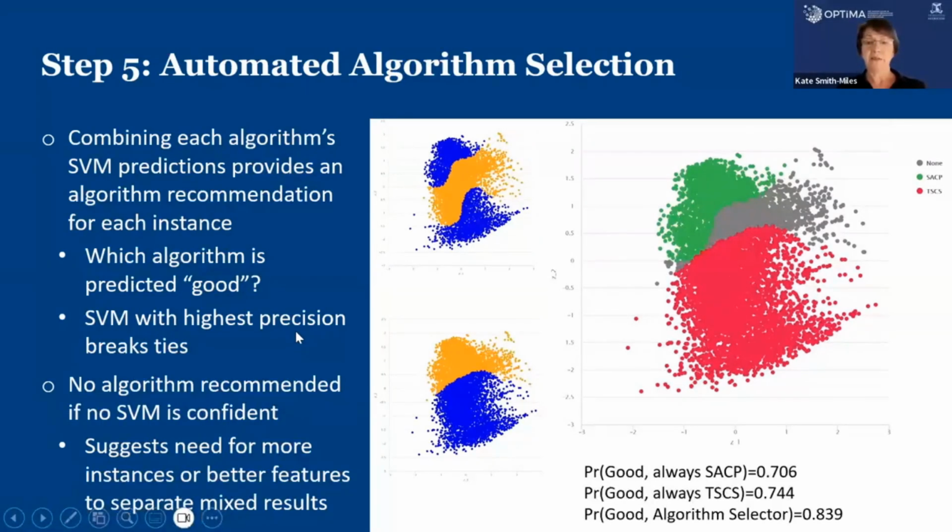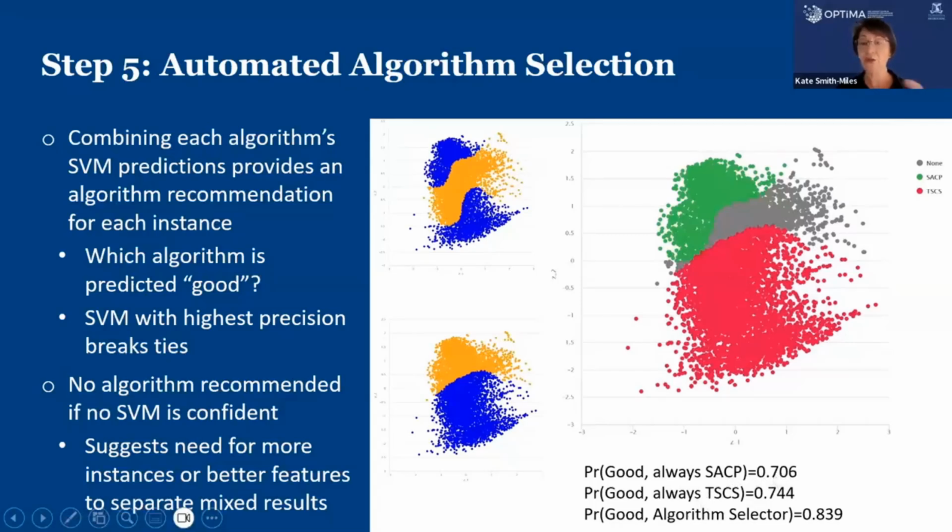Okay, so those are the steps. When you do an instance-based analysis and you want to know, is this any good? Did I learn anything? I always look at this. If I had just used simulated annealing everywhere, I would have chosen the best algorithm 70.6% of the time.